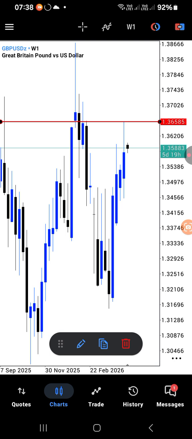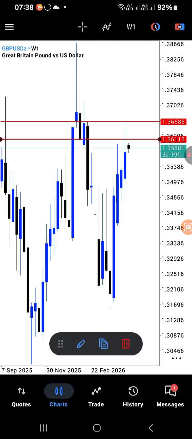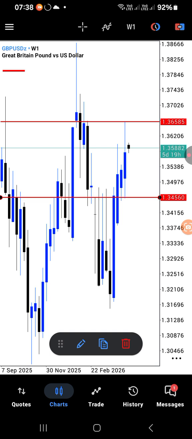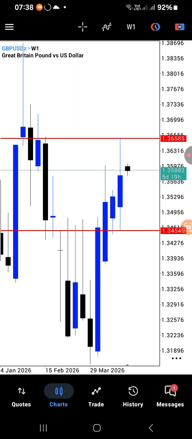This is the high and this is the low of this candle.